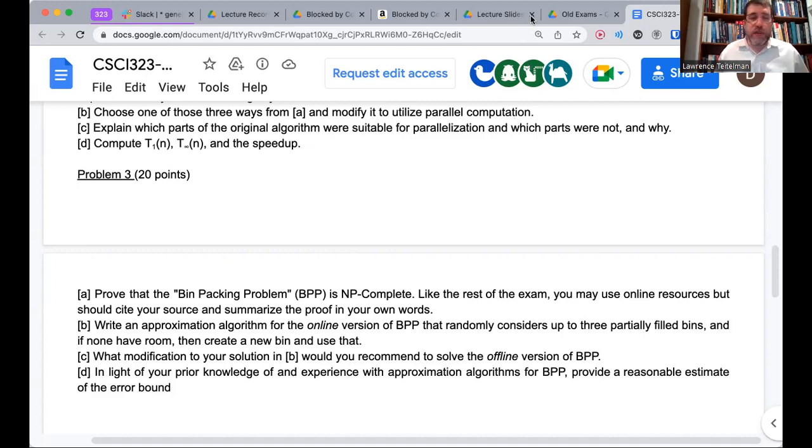So with 3 partially filled bins, what are you doing? You could have a data structure for that, but we don't really need one. You don't need a heap or some kind of min array. So you just check which of those 3 has room. If none have room, then you create a new bin. Basically you could check any of those 3.